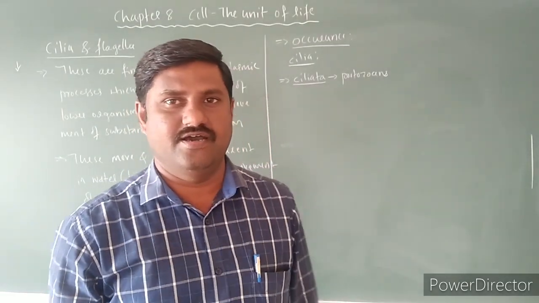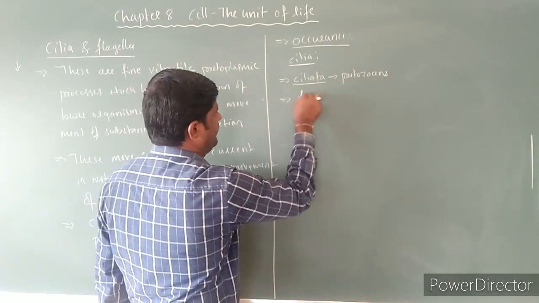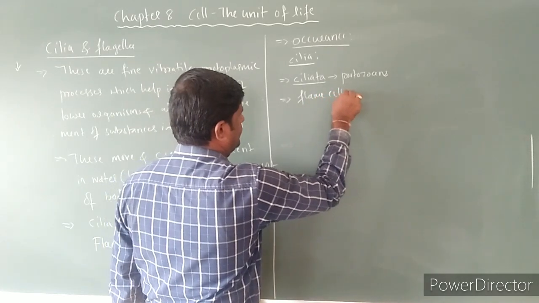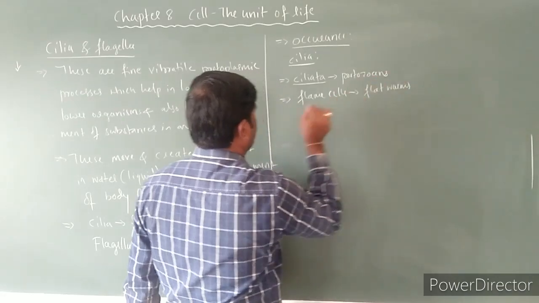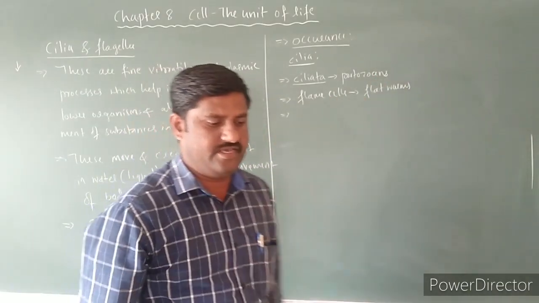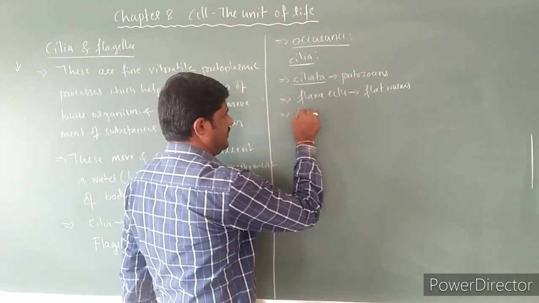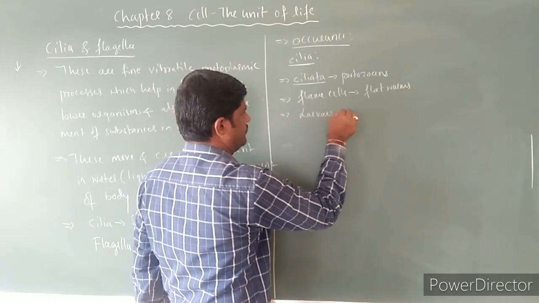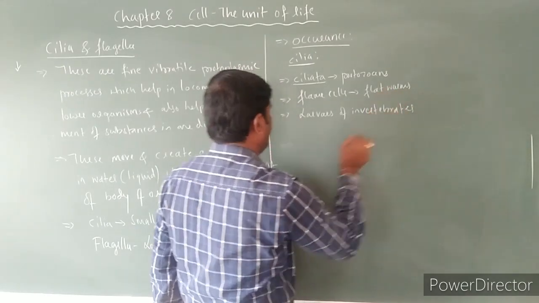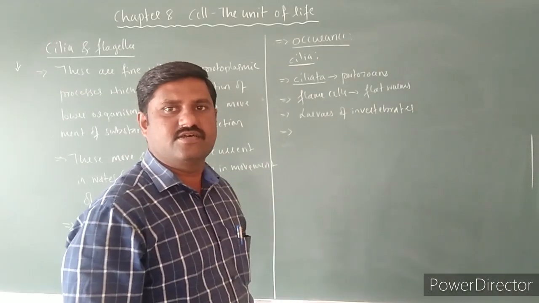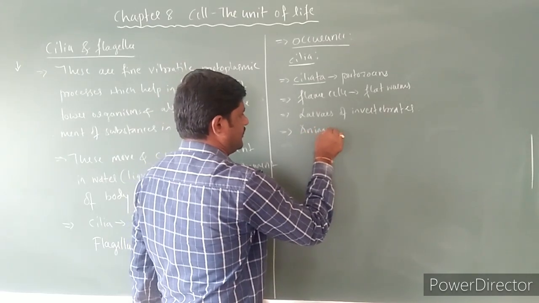One is ciliata, and the next one is the flatworms, which have the flame cells of flatworms. Flatworms also have these cilia. And the next one, the larvae of some of the lower organisms, that is invertebrates. Larvae of invertebrates also have these cilia as the locomotory organs.